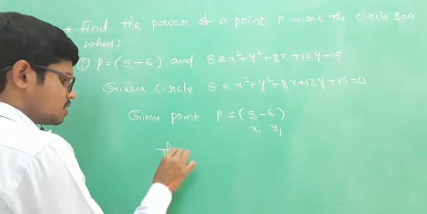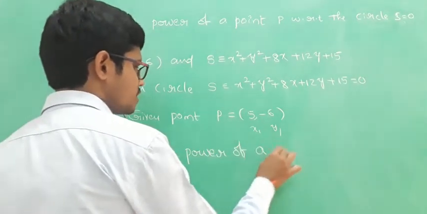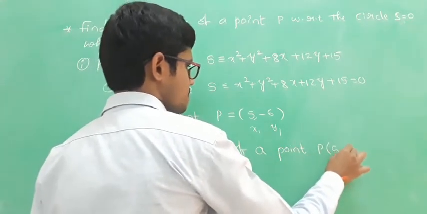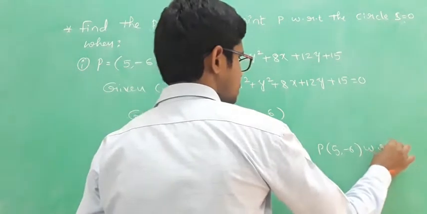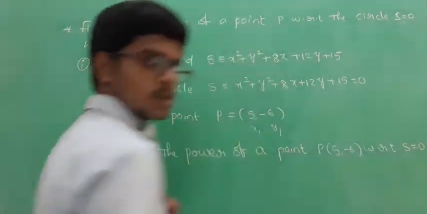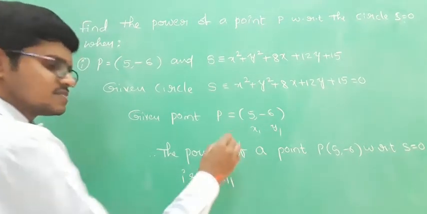Therefore the power of the given point with respect to the circle S equal to 0 is S11.